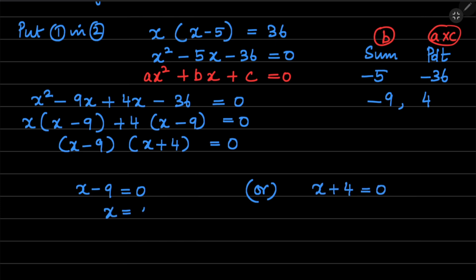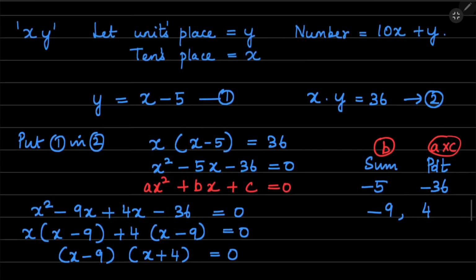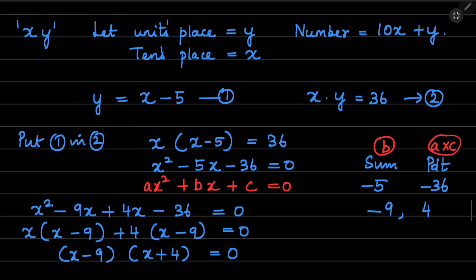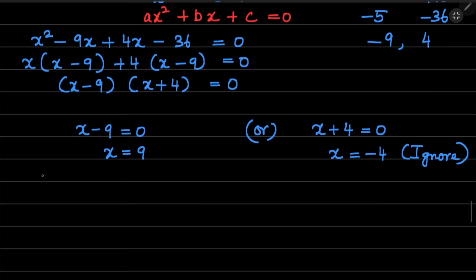So you will get x equal to 9 is one number, x equal to minus 4 is another number. So you will ignore the negative number here, right? When x equal to 9, what is your y? See, y is equal to x minus 5. So you have to put x equal to 9 in equation 1.